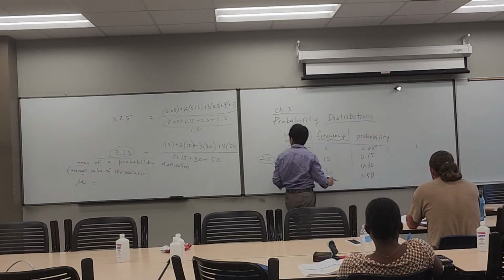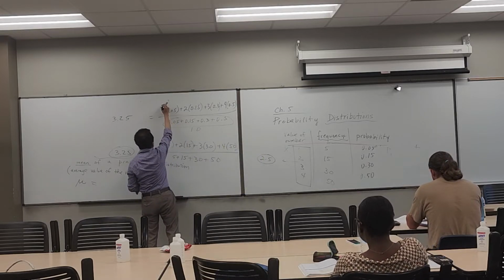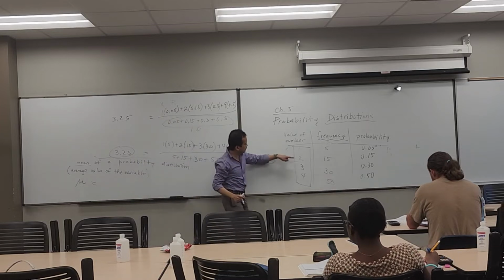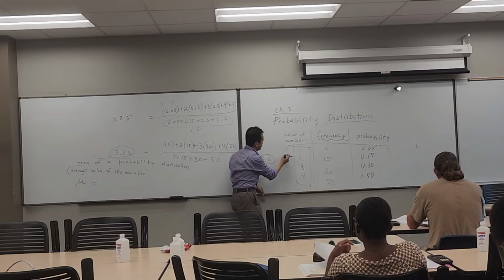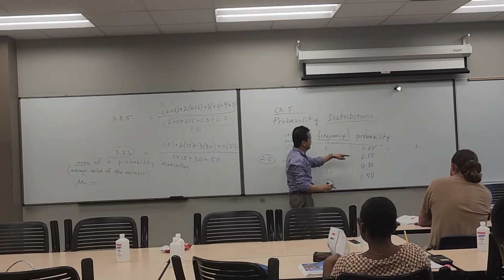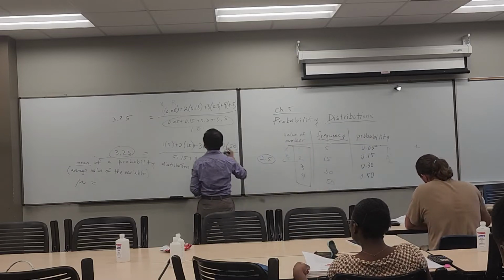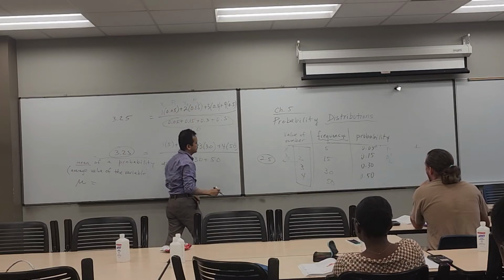So P1, and so on. So this is x1, P1, and same thing for the next term. This 2 is an example of the second x, and the 0.15 is an example of the next probability, and so on.